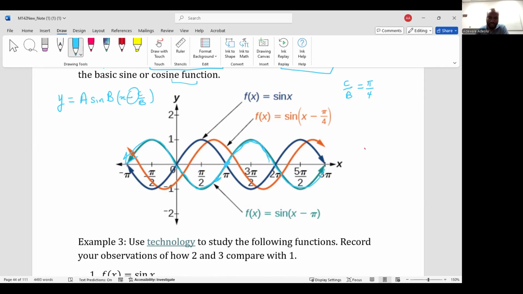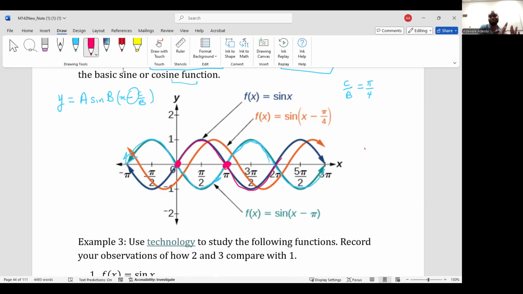Now, let us understand what is going on here. Again, comparing that to sine of x, we notice that instead of the graph starting here, it has been moved to this point. It is starting here.